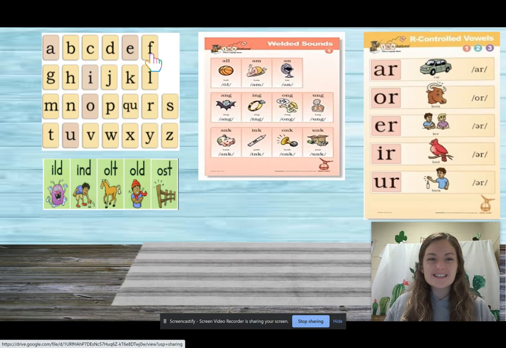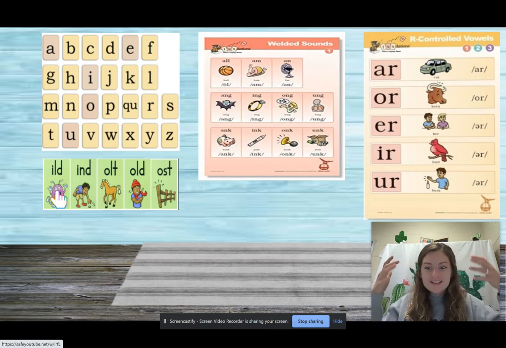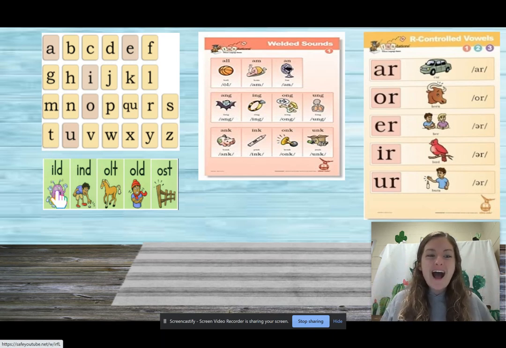All right, now some consonants. F, fun, f. M, man, m. T, top, t. And let's go on to those new glued sounds we learned about last week. ILD, wild, ild.